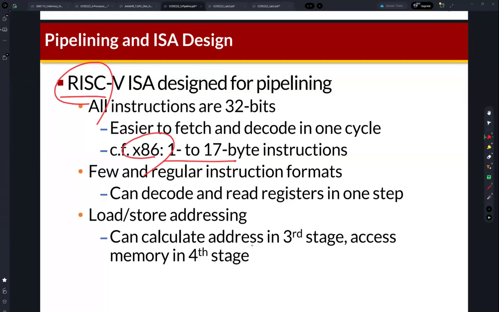Which means in order to decode an instruction, we need to use very complex hardware. And if we use complex hardware, the delay of this hardware will be high, it's large. Okay, so the clock period can be increased.